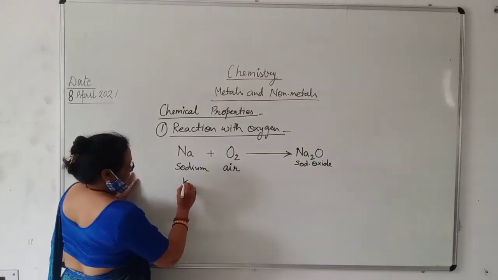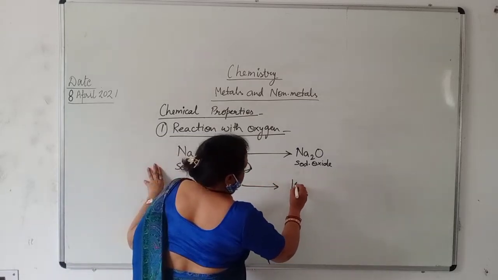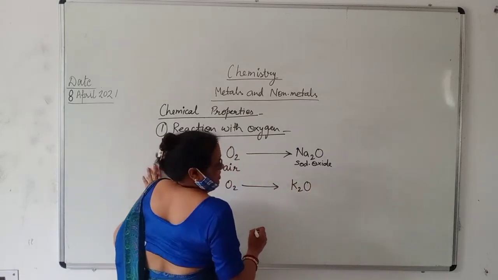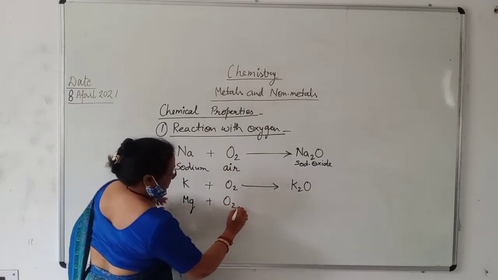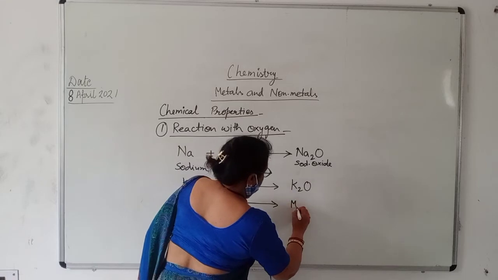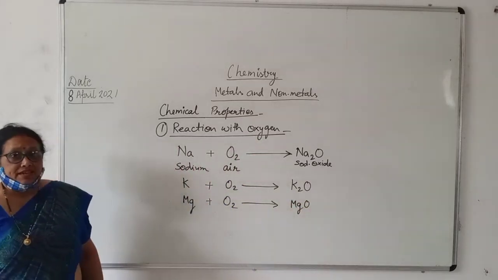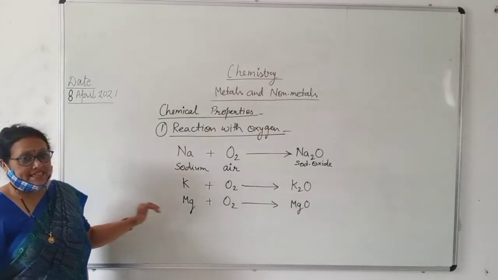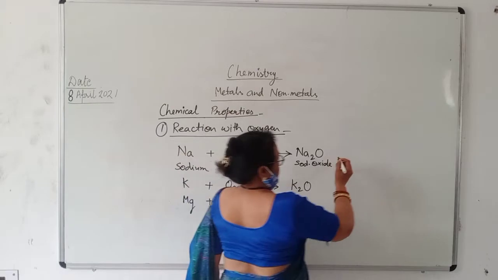Like this, when potassium is heated in air, it gives potassium oxide, and when magnesium is heated in air, it gives magnesium oxide. But when these oxides are dissolved in water, what will happen?